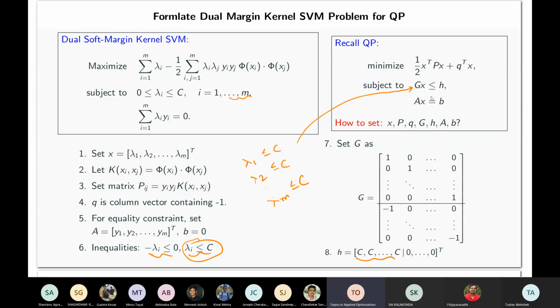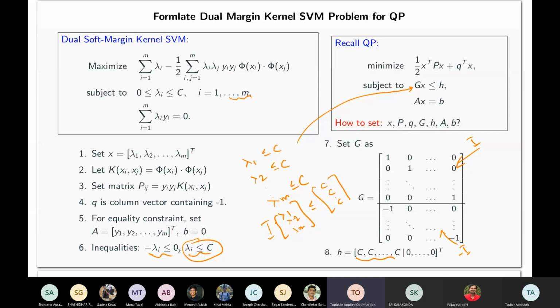So how can I write these inequalities in matrix-vector form, in one shot? This is like the identity times the vector lambda 1, lambda 2, up to lambda m, less than or equal to the vector that contains all C. This part is the identity, and this part is the negative of the identity.